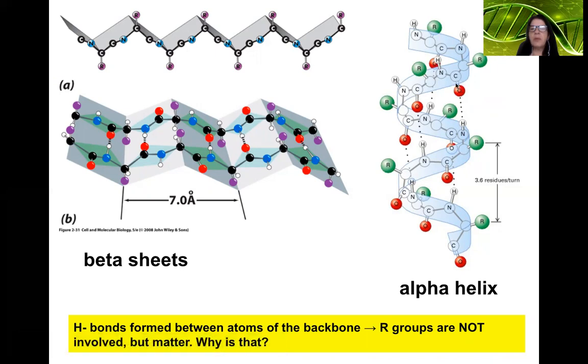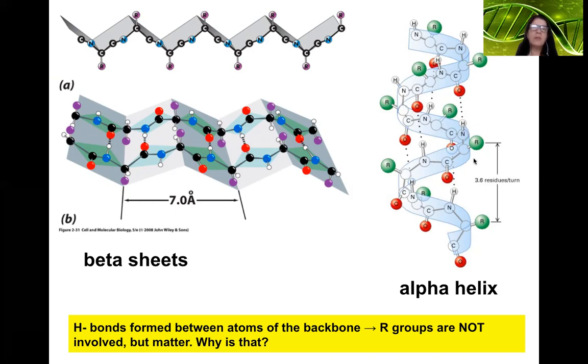They're between an oxygen in the backbone and a hydrogen in the backbone of one amino acid and another amino acid. And in an alpha helix, usually every 4 amino acids can form hydrogen bonds so that you form the spiral. But the alpha helices cannot form when there are certain amino acids there, because the R groups matter. Why do they matter? Just look at the picture, stop the video, and think about it.